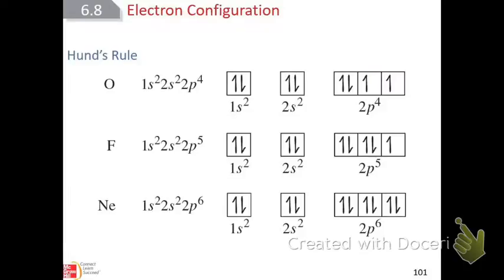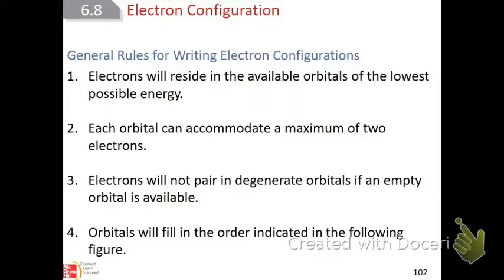And if we need to go back and re-hit the Aufbau principle, Pauli exclusion principle, and Hund's rule, you will be tested over those. Those are fundamental in chemistry. And writing electron configurations are fundamental in chemistry. But let's go over these general rules for writing electron configurations.